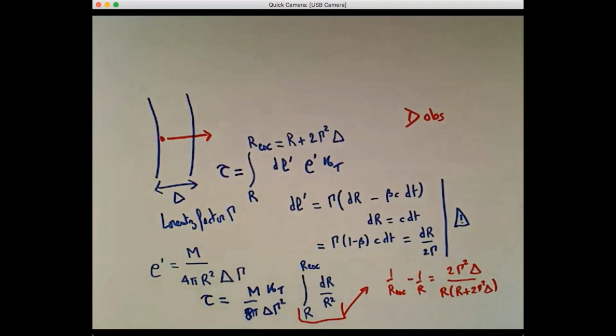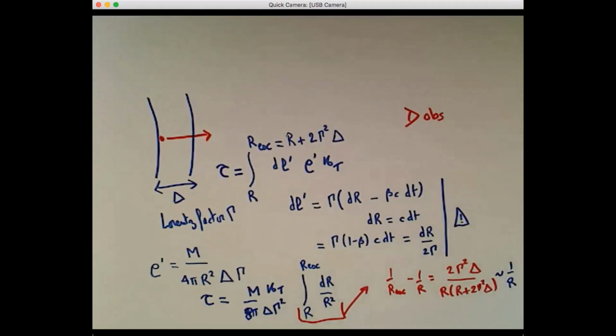So you see that in principle it's a complex equation because of this factor, but we can show that this radius, the photospheric radius I will get, is below the spreading radius, which is given by that, meaning that I can neglect r in front of 2 gamma squared delta, and then this equation is just 1 over r.